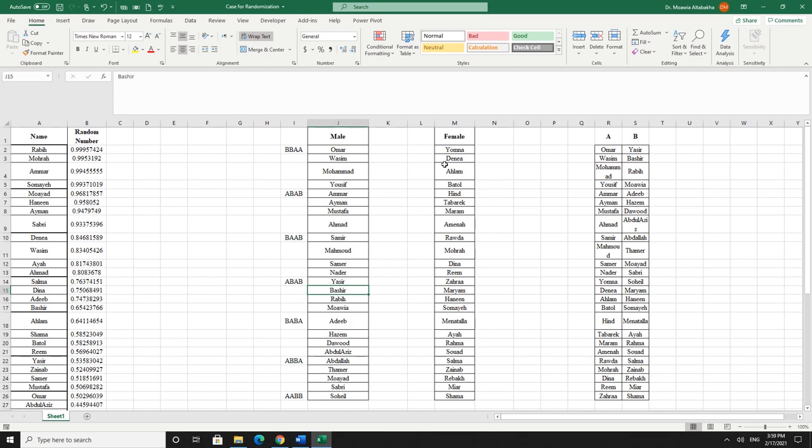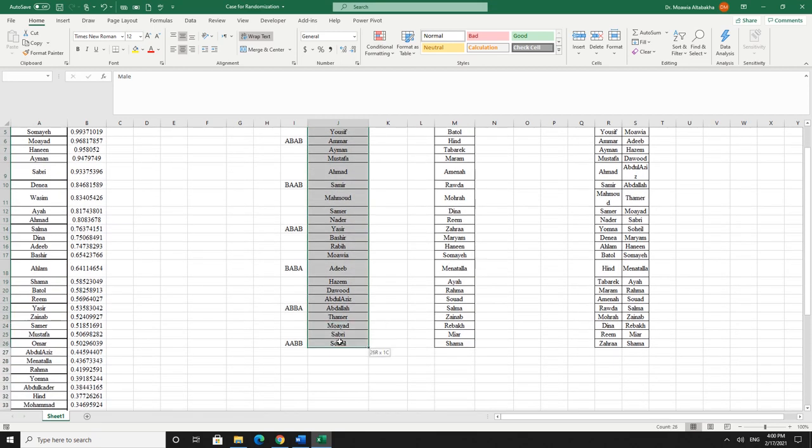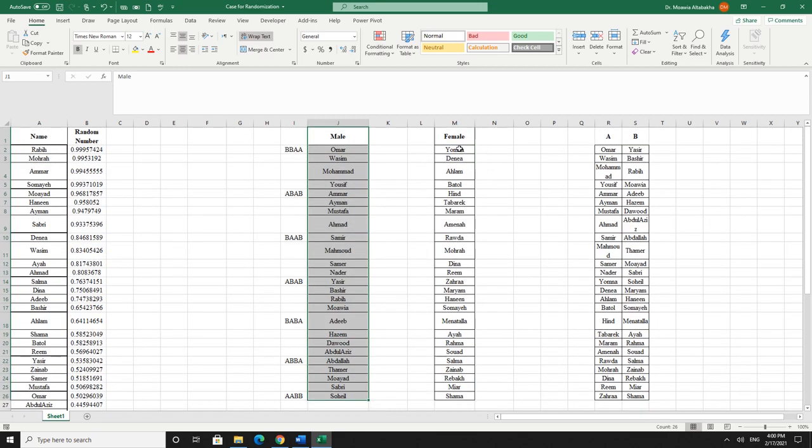Okay, we do similar things for the female. So in this case, what we did is stratification, and then we did blocked stratified, stratified and block design.